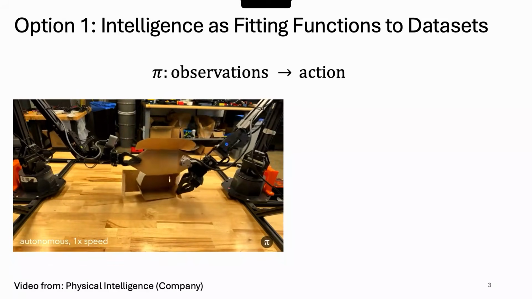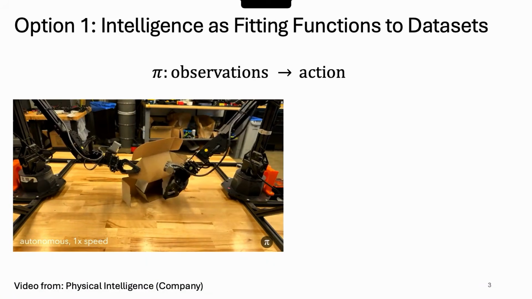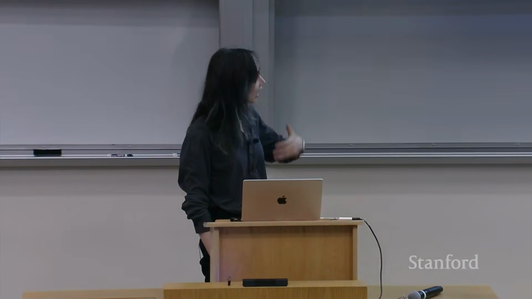For example, this is a video released by a company called Physical Intelligence, training their robot to fold boxes. To solve this particular task, you need 100 hours of training data just for folding boxes. Recently, to show the generality of this kind of approach, people have been trying to deploy such systems on excavators.